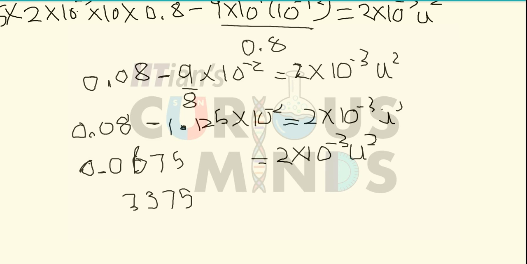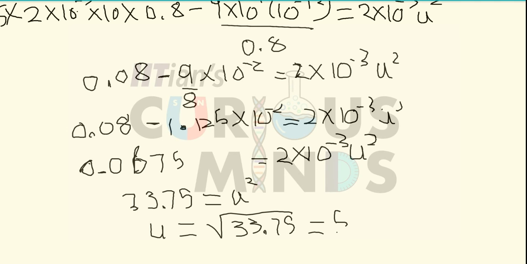Whenever I divide by 2 here, I will shift it by 3 decimals, so it will be equal to 33.75. This is the value of u square. So u will be root of 33.75, which will be roughly equal to 5.6 or 5.7. So roughly it is equal to 5.7, 5.8.